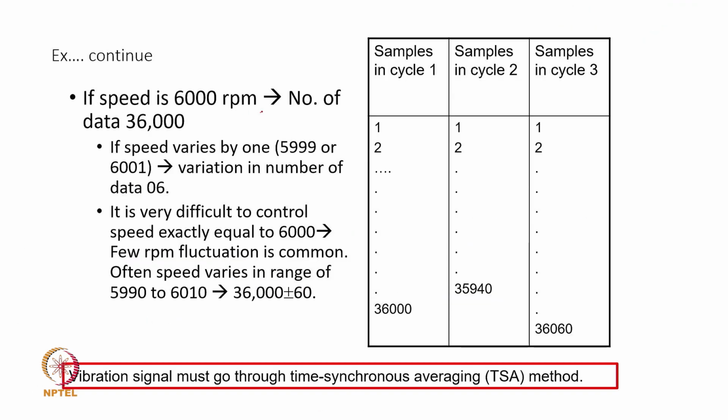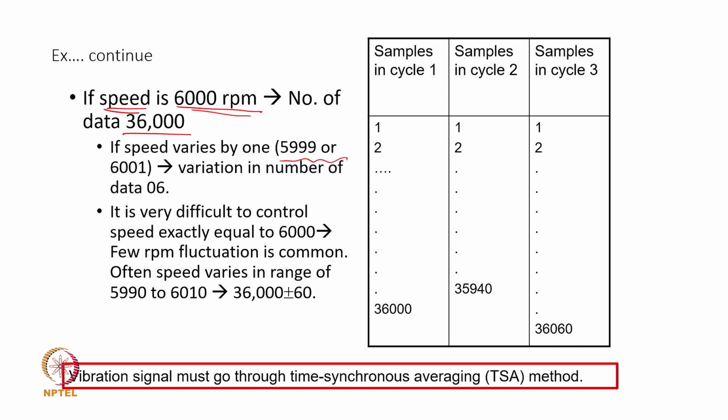For that purpose, synchronization is a must. What is the meaning of that? If the shaft speed we are assuming is 6000 rpm, and the number of data which we really want is 36,000 per second. Now quite possibly, because of the change in speed, motor speed doesn't remain constant.